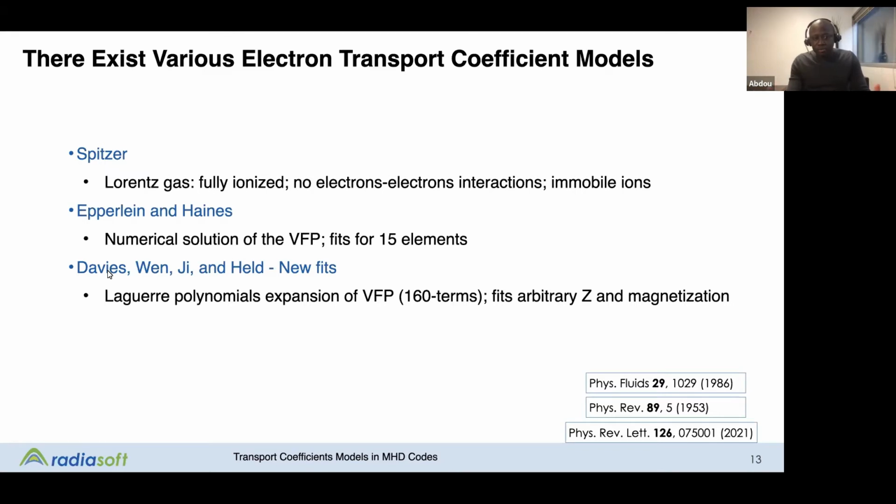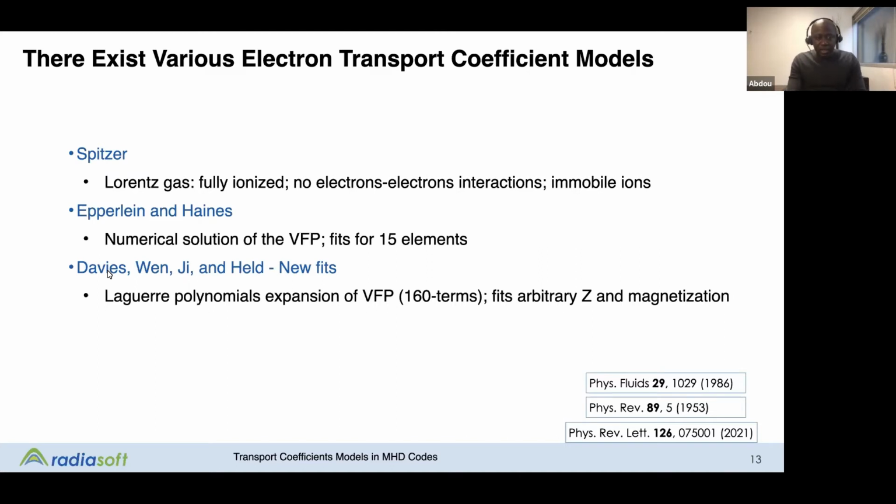The most popular model that has been included in a lot of MHD codes, including the Ares code, is the Epperlein and Haines. This model was derived by correctly solving the Landau-based electron kinetic equation and fitting the data to some numerical expressions for 15 elements, and these have been used for a very long time in MHD codes and interpolated for different elements in between.